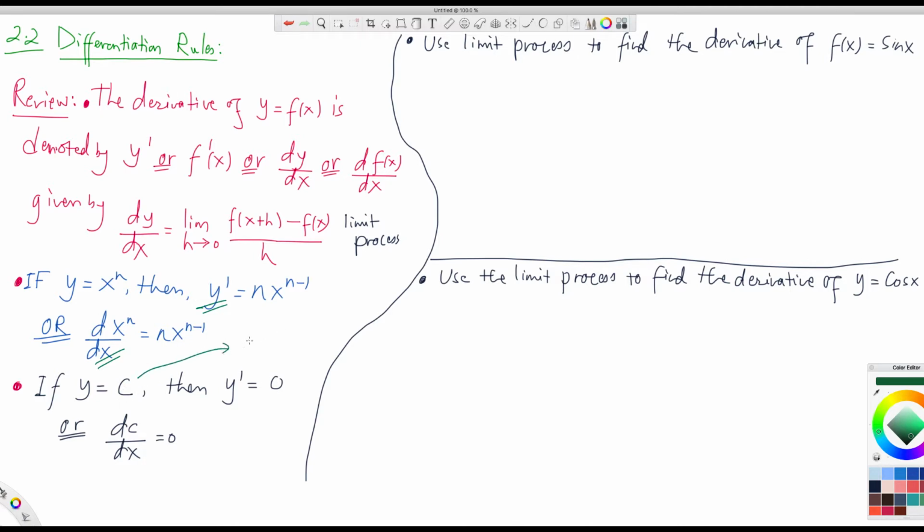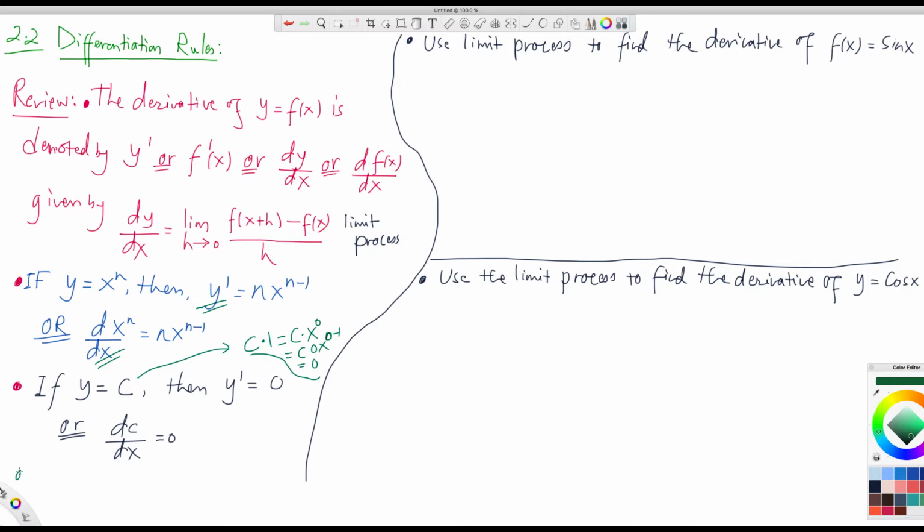We wrote c equals c times x to the 0, pulled that c out, and the derivative of x to the 0 is 0 times x to the 0 minus 1. 0 times something will be 0. That's how we did that. But why can you pull that c out and find the derivative of x to the 0 only? We will discuss that later. But yes, the derivative of a constant is always 0.